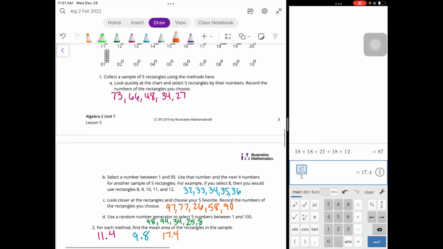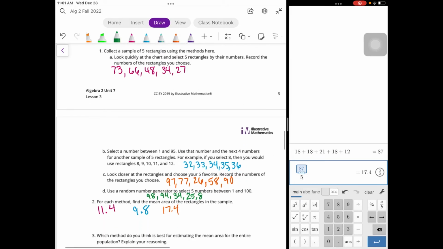All right, and then we did our random number generator.